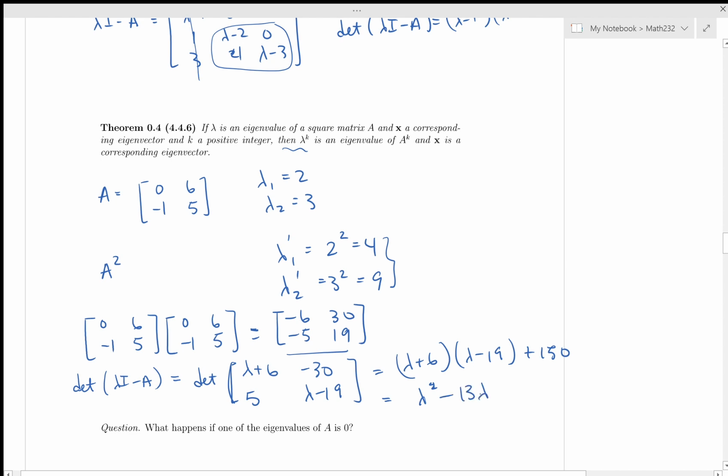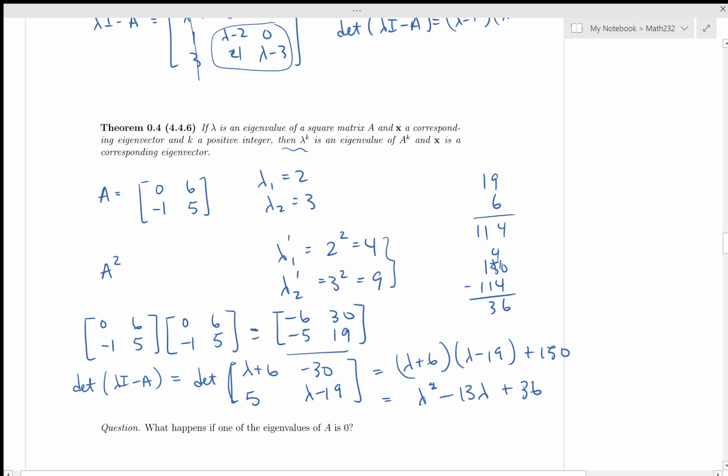Minus 13 lambda, and then that's going to be 150 minus, okay, 19 times 6, that is 54, carry the 5, that's 114. That's minus 114, so then it's 150 minus 114. Oh man, the chances of this working out are low. 6, 3, 36.